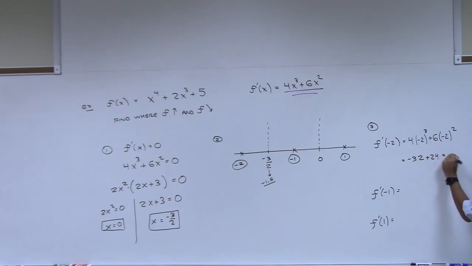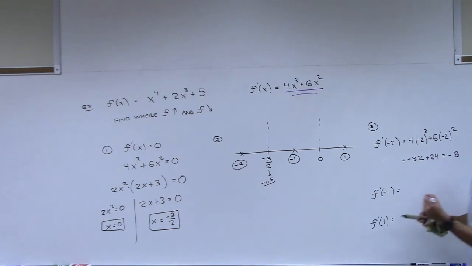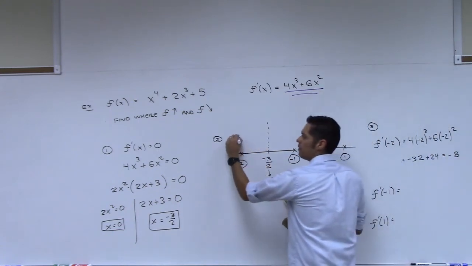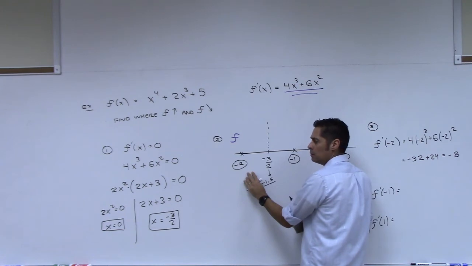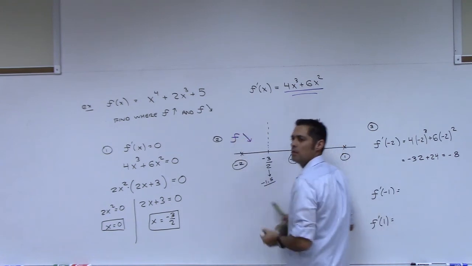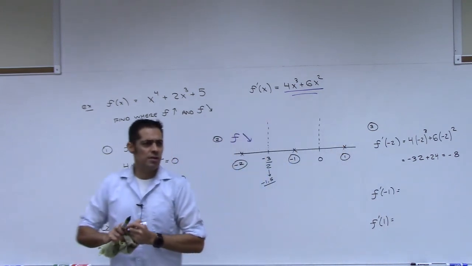And so that gives me negative 8. All I cared about, though, was that this was negative, right? So this is less than 0. I mean, yes, that's less than 0, so that's negative. Right now, what I can tell you is that my original function is doing what over here? Decreasing, right? My original function is decreasing there.